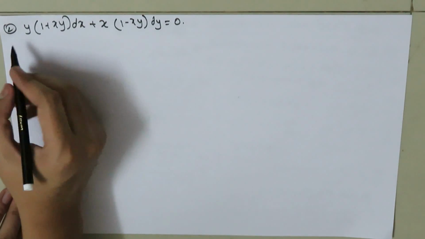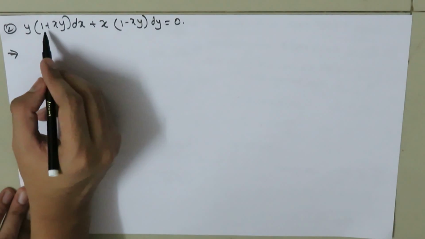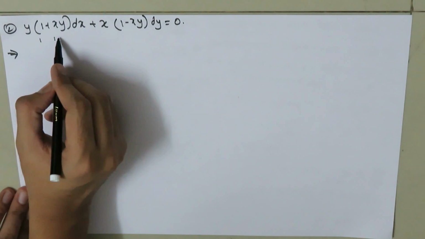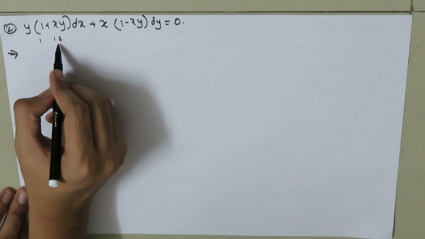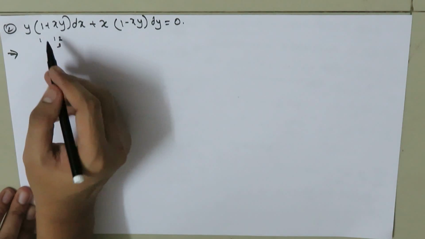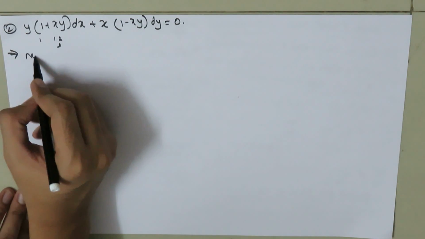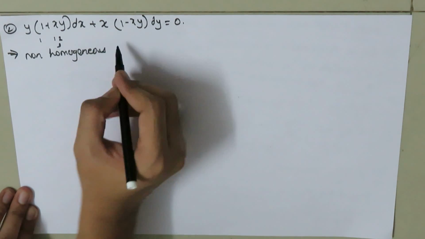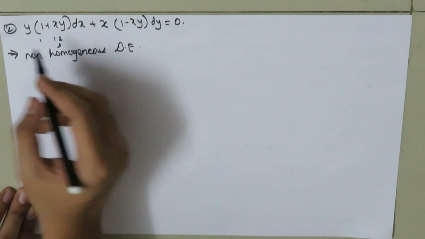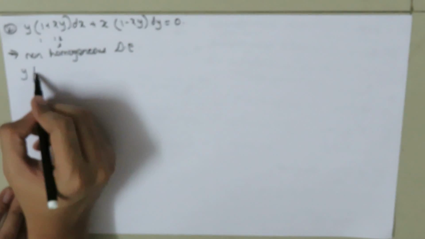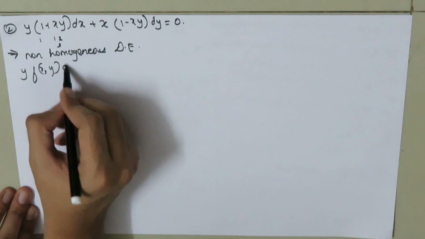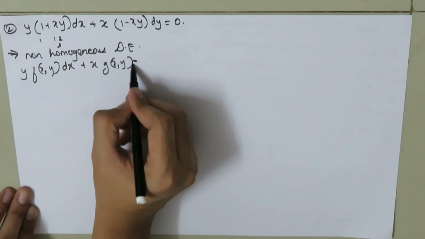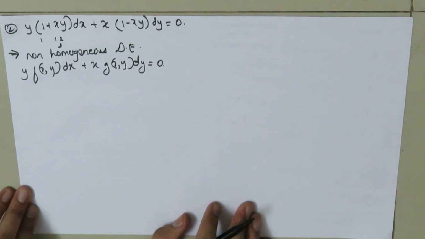If we see the homogeneity of this equation, the power of y will be 1, the power of x will be 1, and y will be 2, so the overall power will be equal to 3. So this will be a non-homogeneous differential equation, and this equation is of the form y times f of xy times dx plus x times g of xy times dy, which is equal to 0.